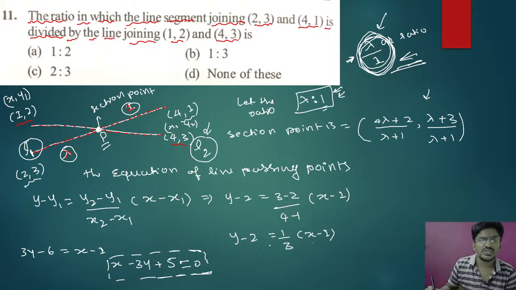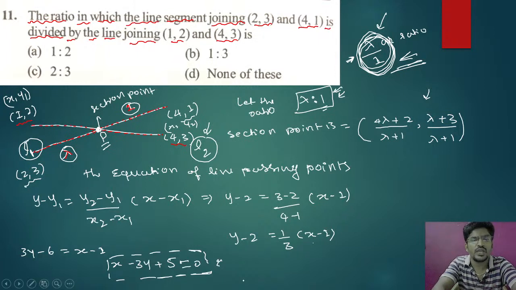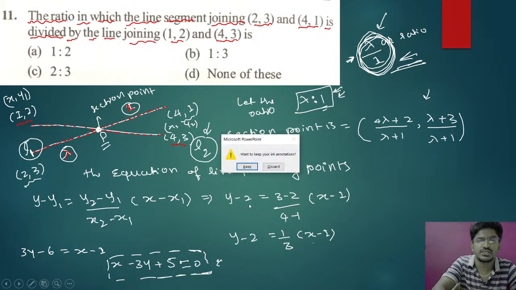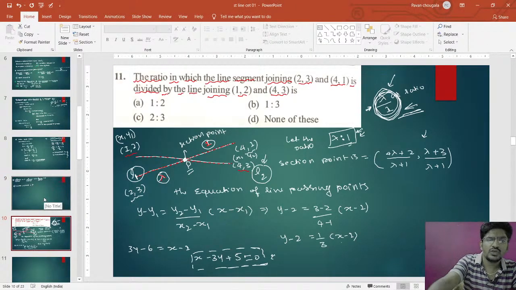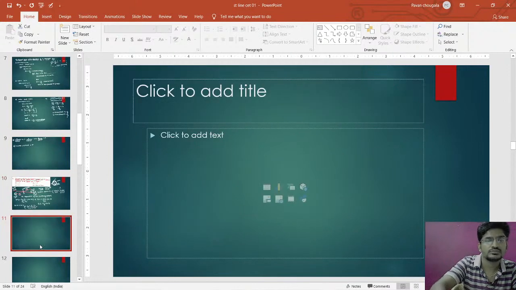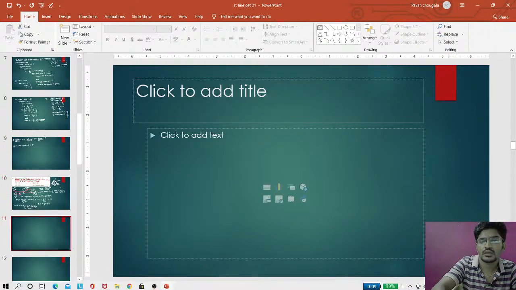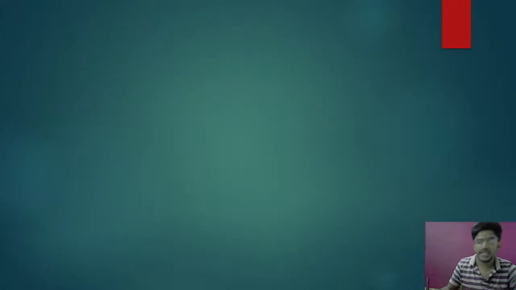So now, using this equation of line 2, you have to find the lambda value. Now I am going to solve it and I will finish this class. So now use the equation of line 2. What is the equation of line 2?